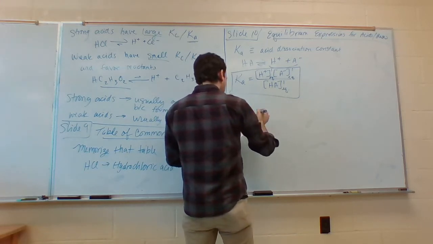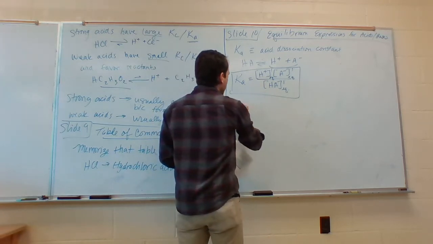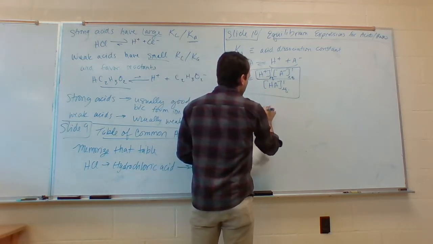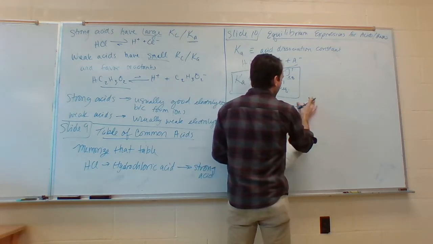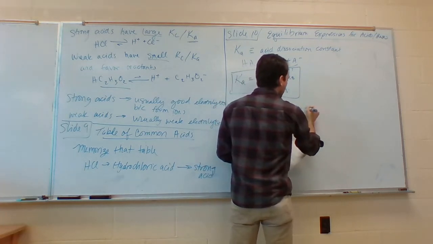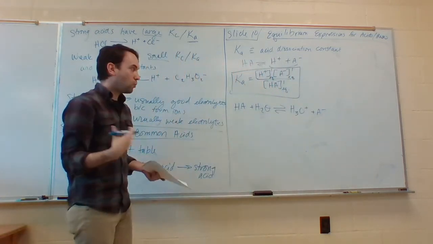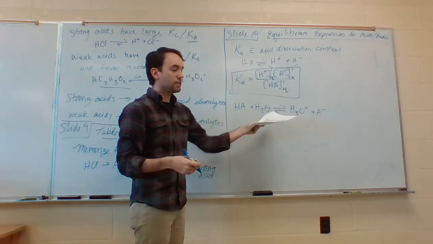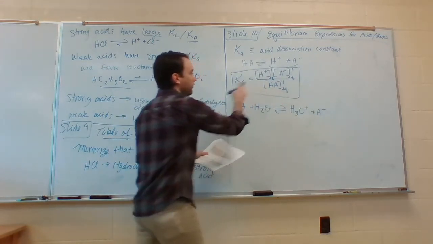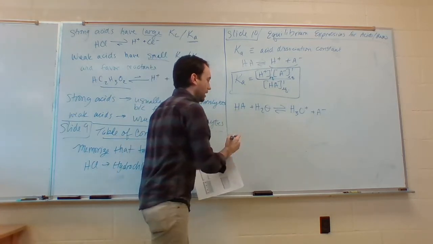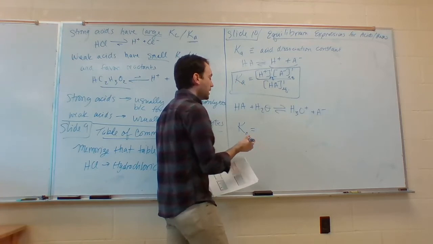Now, sometimes we write our reaction as HA plus H2O in equilibrium with H3O+ and A-. Since water doesn't really participate in the reaction, we're going to ignore it and exclude it from our Ka. So even though it's written like this, Ka is not going to have water in it.